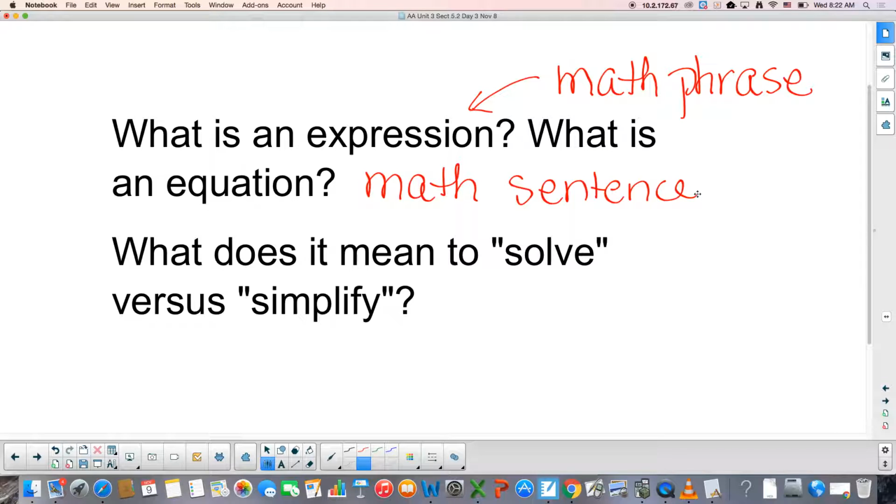Maddie? Yeah, a phrase is incomplete, but what does a sentence have? The equation has an equal sign, which in English we would call a verb. This has an equal sign. It has a verb, which means action. This does not. An expression, I could say, my poor Yoda.